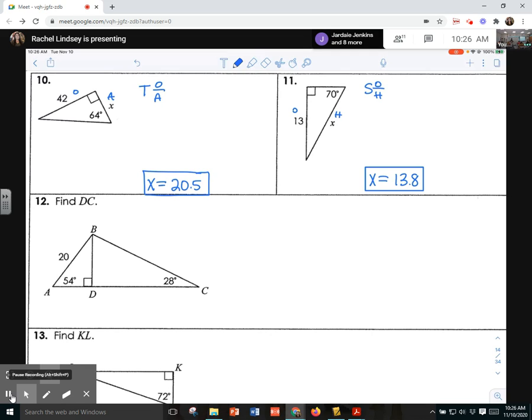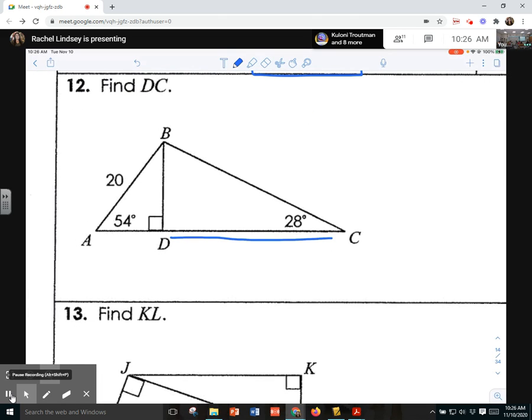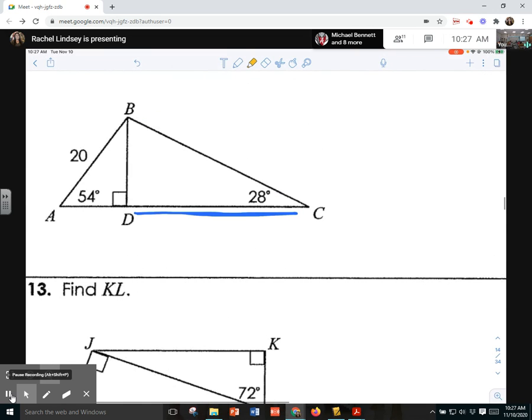Okay. So on number 12, it wants you to find DC. This is one of those where it's got 2 triangles and you have to find 2 different things. So in order to find DC on this right triangle right here, we have to have another side.